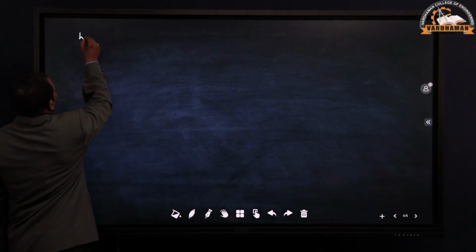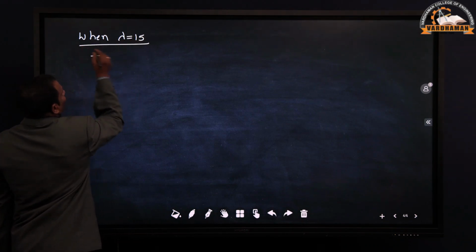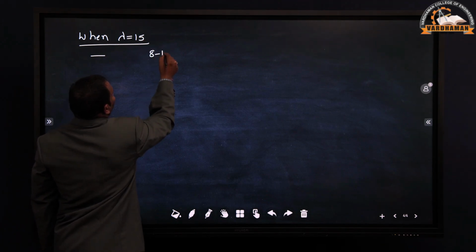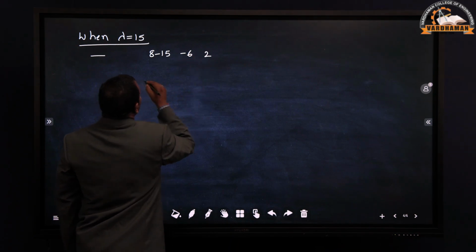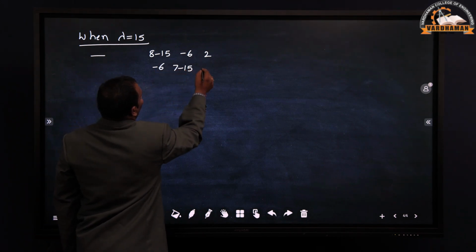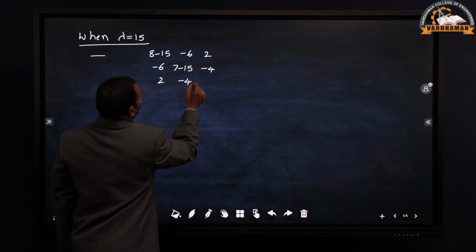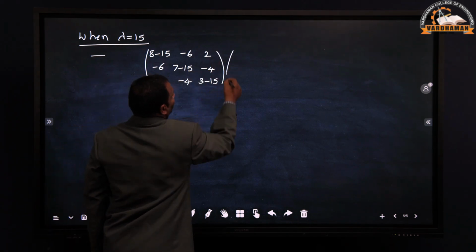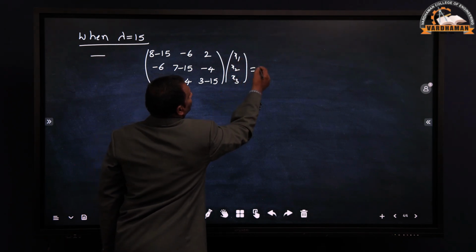Let us see when lambda equals 15. Write the homogeneous system by substituting lambda equals 15: 8 minus 15, minus 6, 2; minus 6, 7 minus 15, minus 4; 2, minus 4, 3 minus 15, into the non-zero vector x1, x2, x3 equals 0, 0, 0.